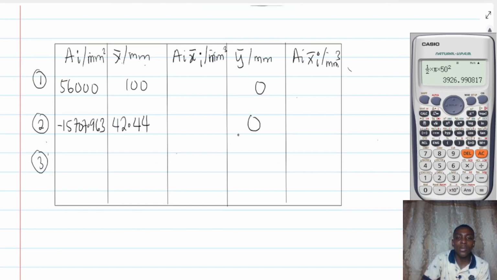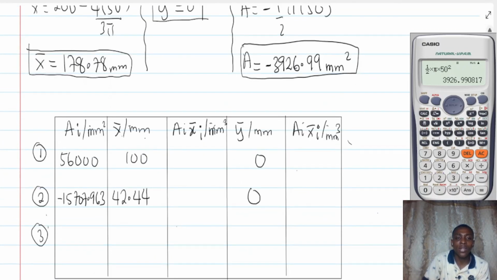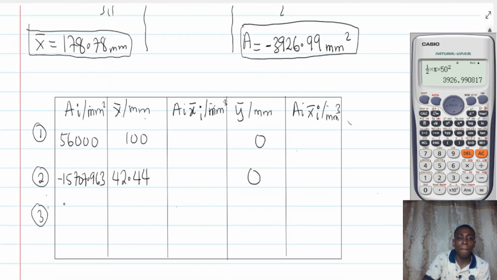Y bar is 0. And finally, for the second semicircle or the third area, our area is actually minus 3926.99, and then this one is 178.78, but the y bar is 0.